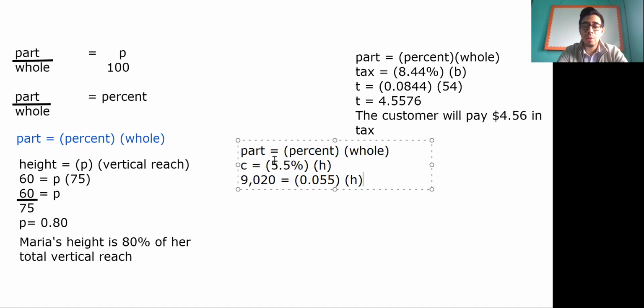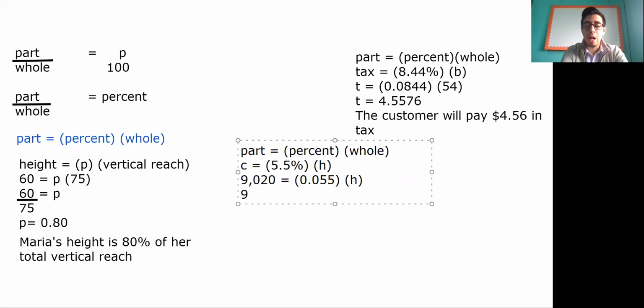Now guys, what happens when you have this number multiplying the variable h? Remember, if one number is multiplying my variable, I need to pass it to the other side to divide, because the variable has to be alone. The variable I want to find the value of, in this case h, needs to be alone.